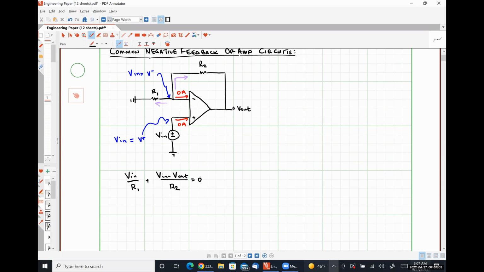And with a little bit of algebraic manipulation, which I'm not going to bother you guys with because we don't have a lot of time, we will find that V out is equal to a factor of 1 plus R2 over R1 times Vn. So this is how this particular circuit behaves.